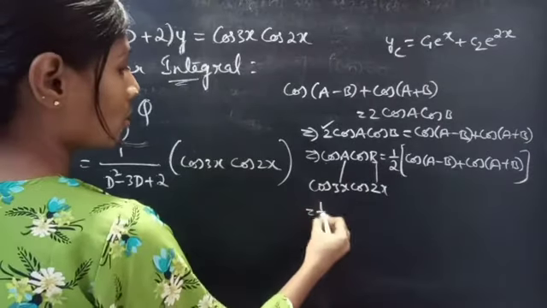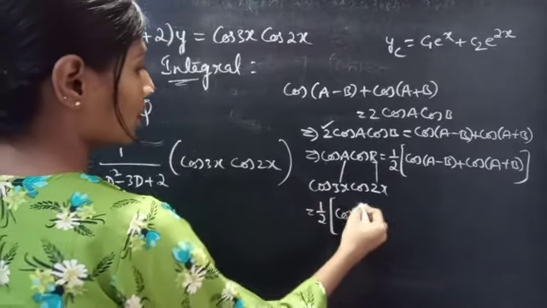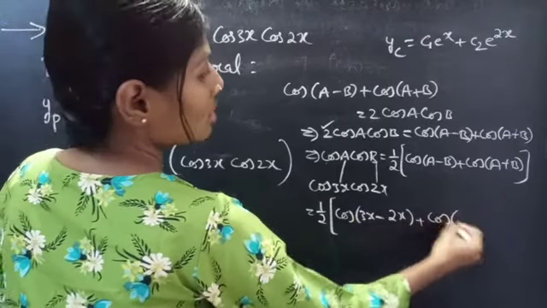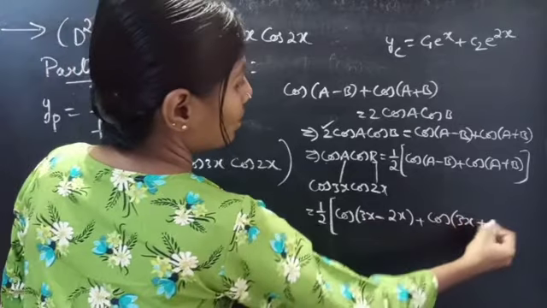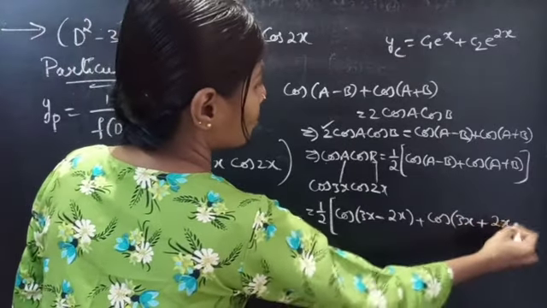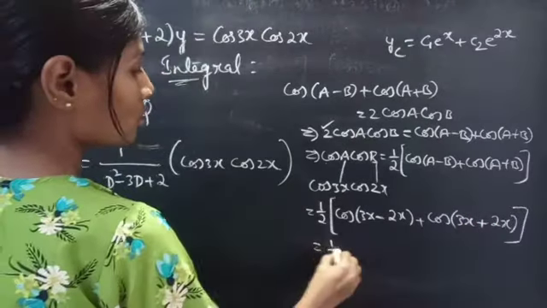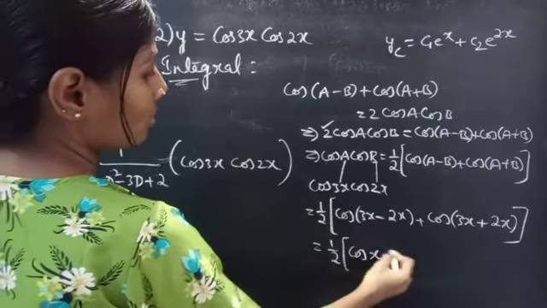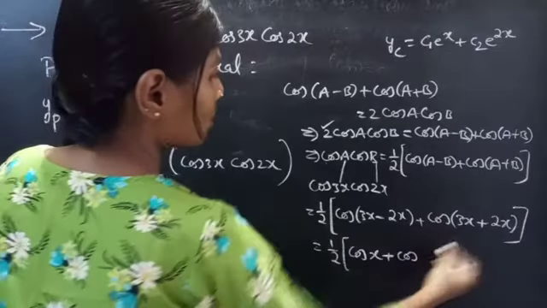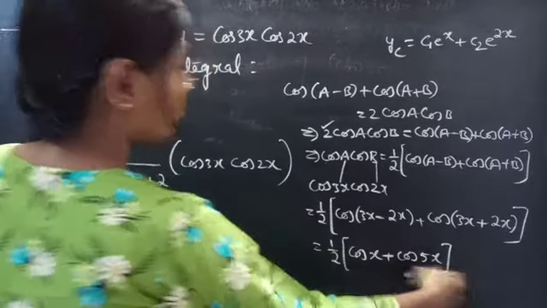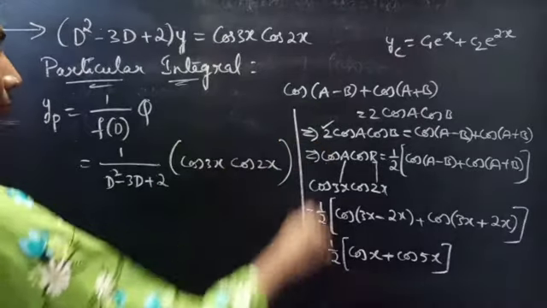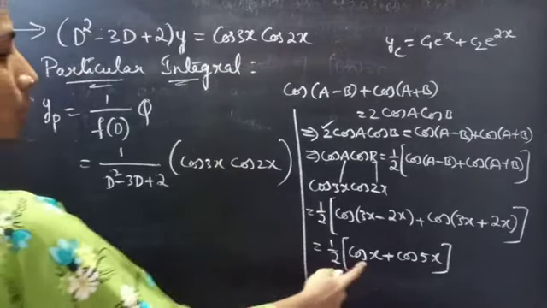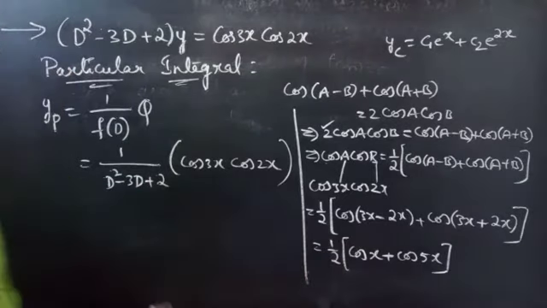We'll get 1 by 2 into [cos(3x minus 2x) plus cos(3x plus 2x)], which equals 1 by 2 into [cos x plus cos 5x], right?